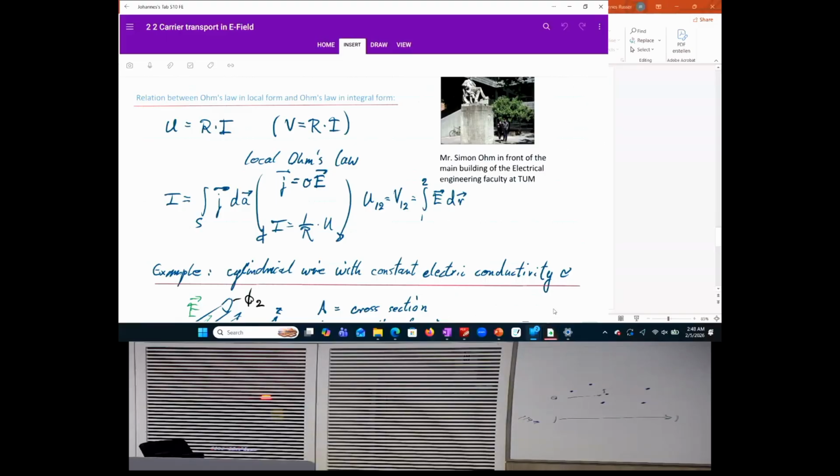But the current is obtained by taking the area integral, the area where that current is passing through, of the current density. And on the other hand, the voltage is obtained by integrating the electric field over the distance. And you see there's this relation in the end. This here is a local form of this here. So this is the local Ohm's law.